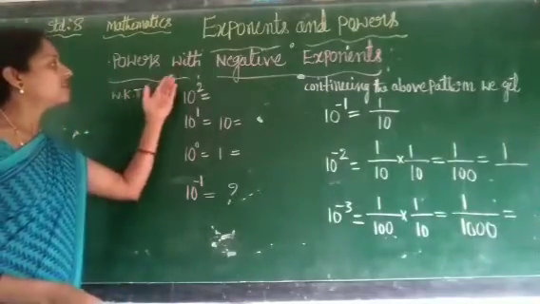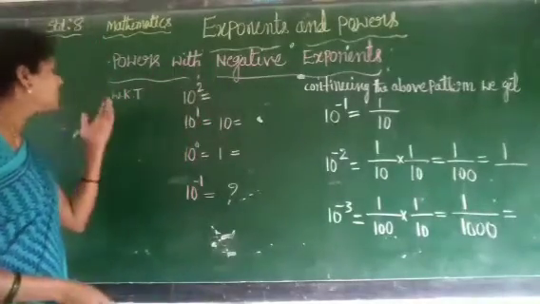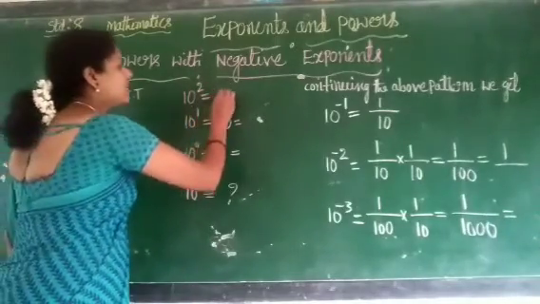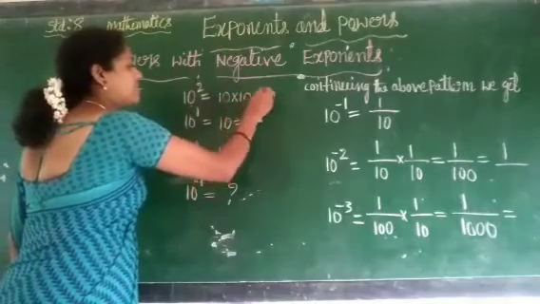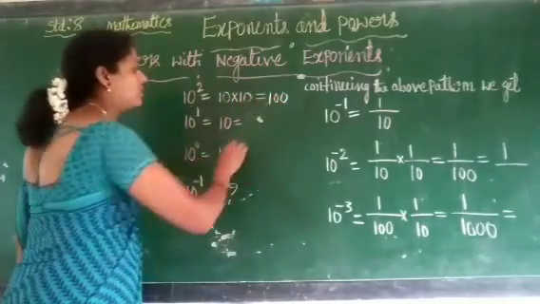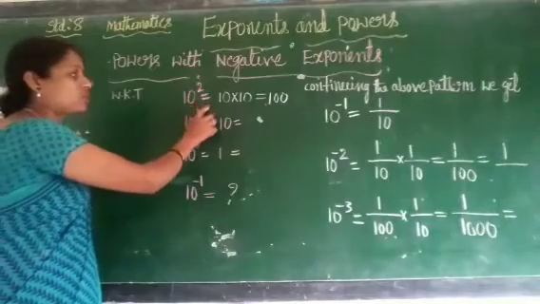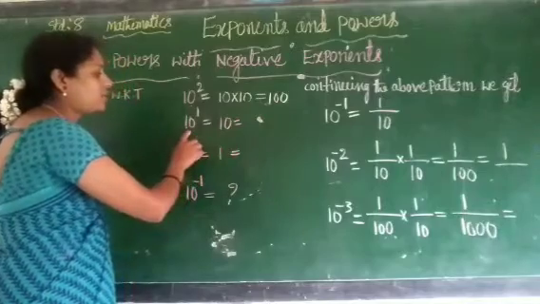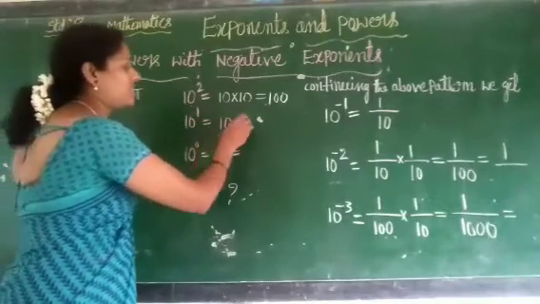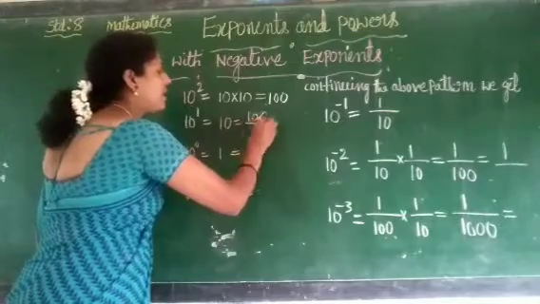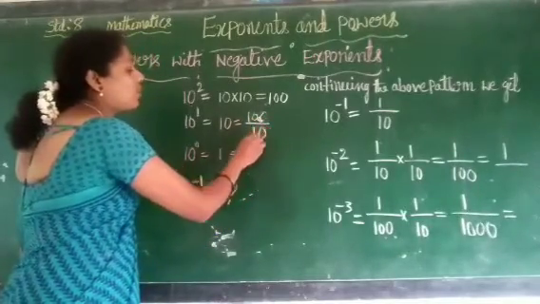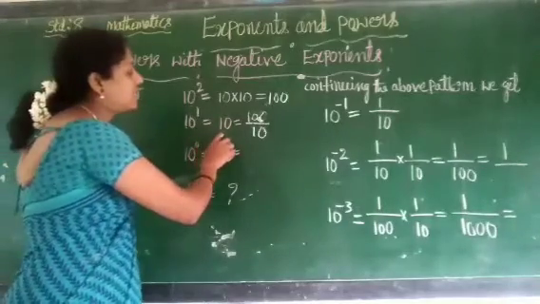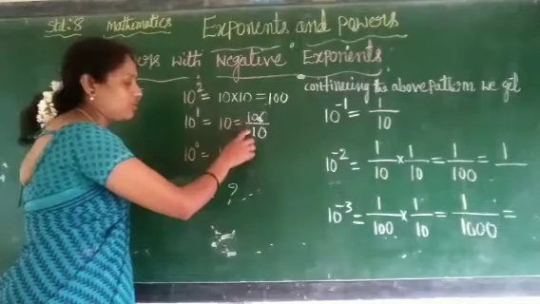Powers with negative exponents. We know that 10 square is equal to 10 into 10, which is 100. Then 10 to the power 1 is 10, which is 100 divided by 10.